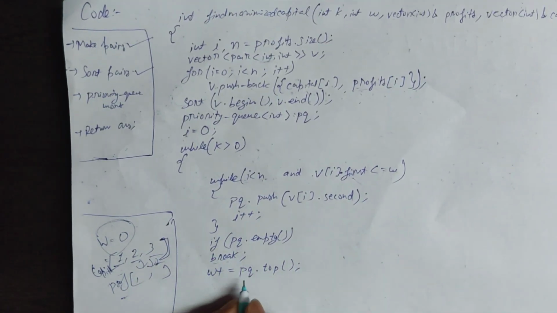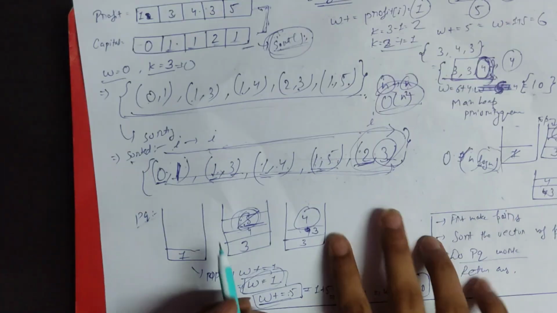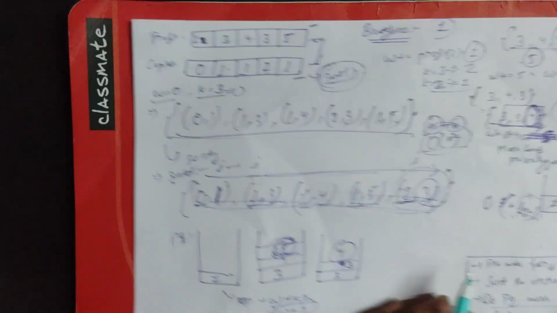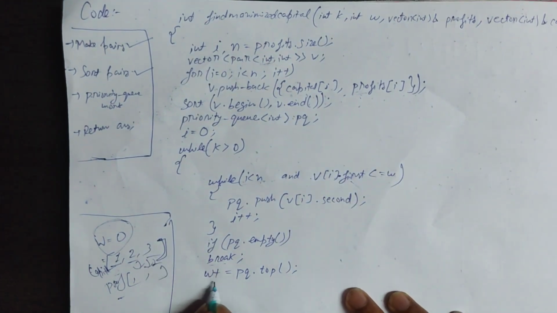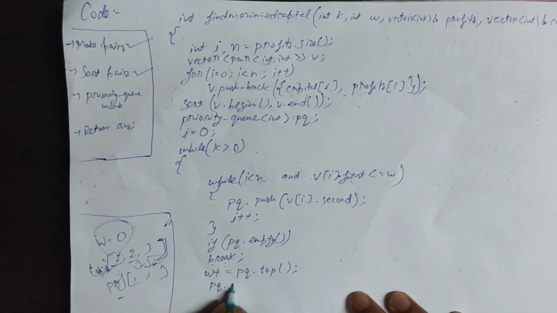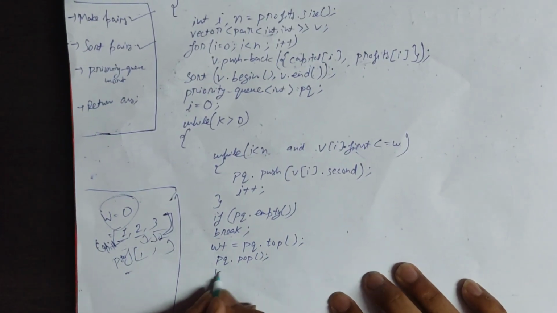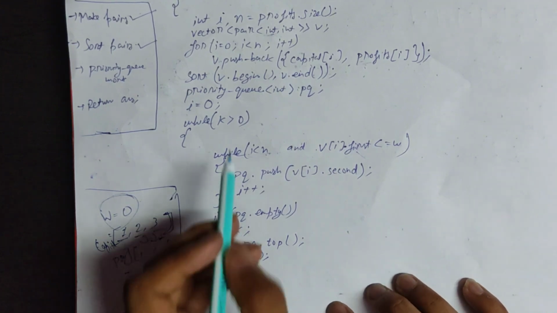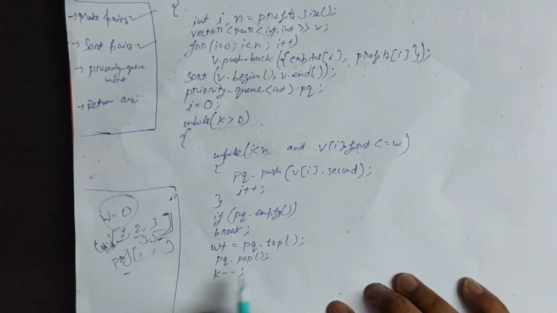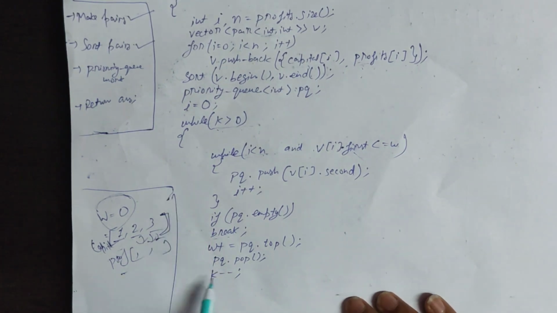After this we pop out this value, so we write the popping operation, pq.pop(). After this we decrement the variable k, k minus minus, as the loop runs while k is greater than 0.